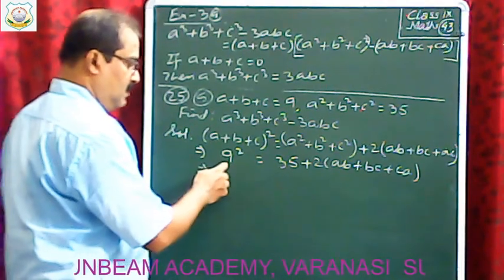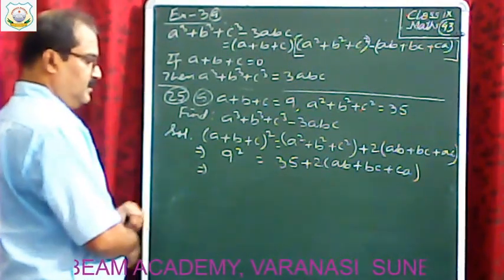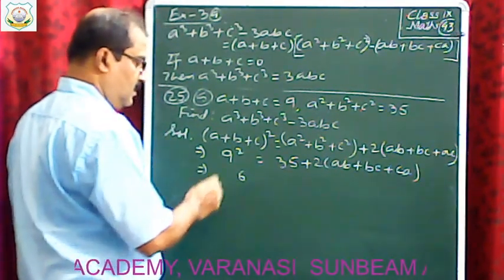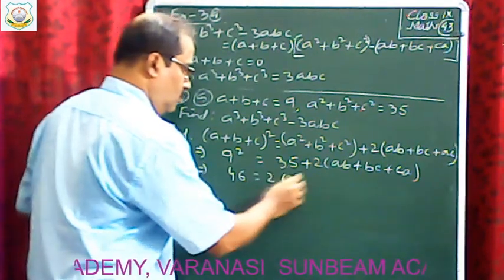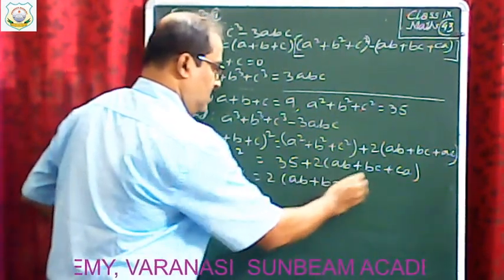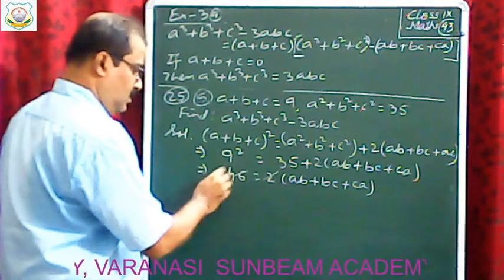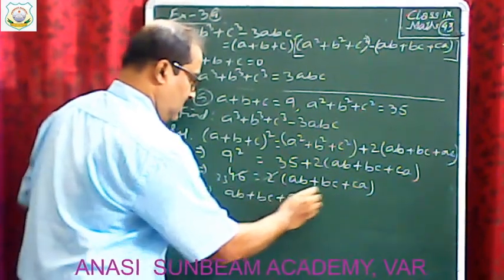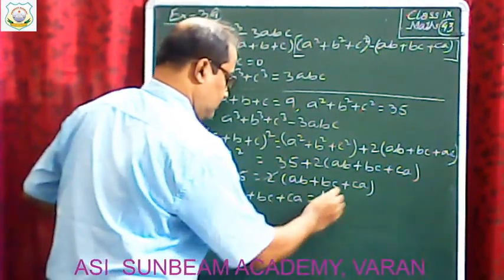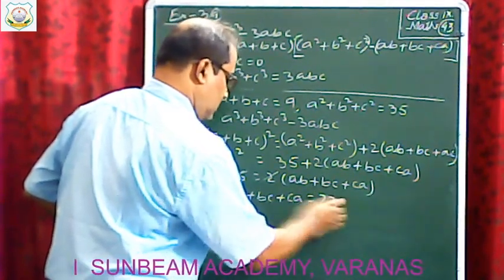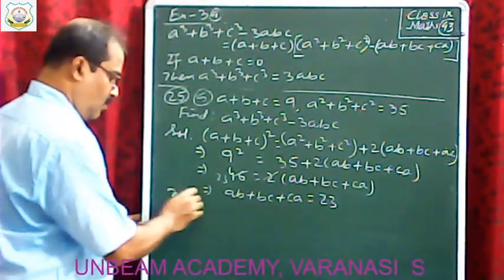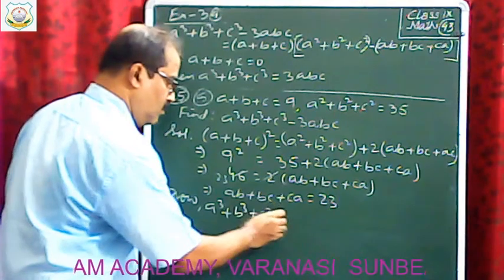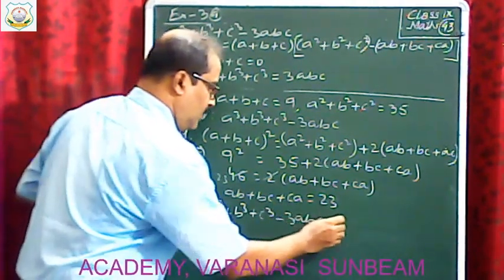So what we get? 81 minus 35, so 46 equal to 2 times ab plus bc plus ca. Now reducing, finally we get ab plus bc plus ca equal to 23. Now we have to follow the identity, a cube plus b cube plus c cube minus 3abc, that you have to find out.